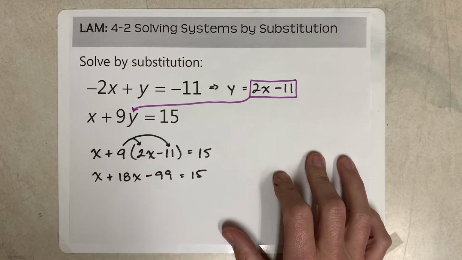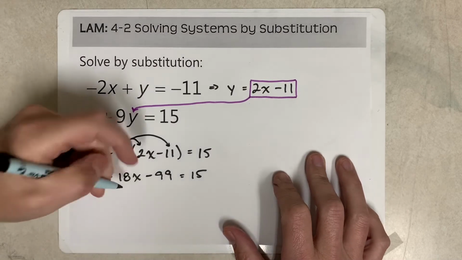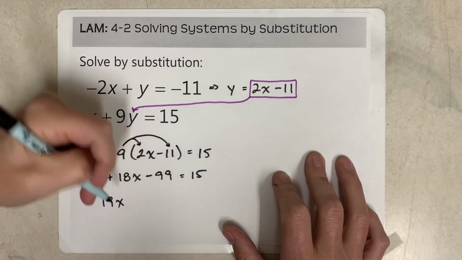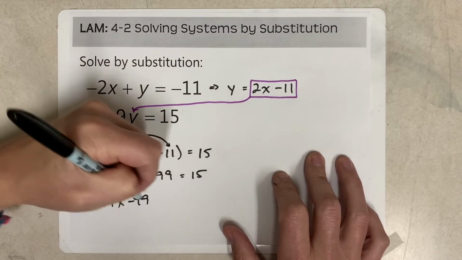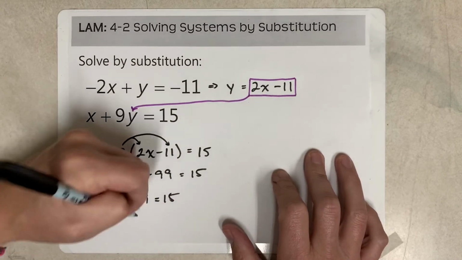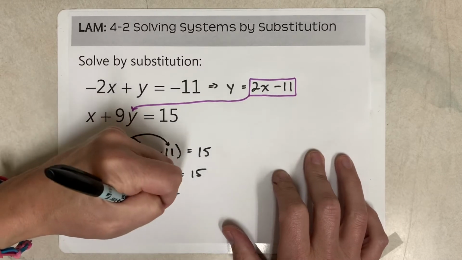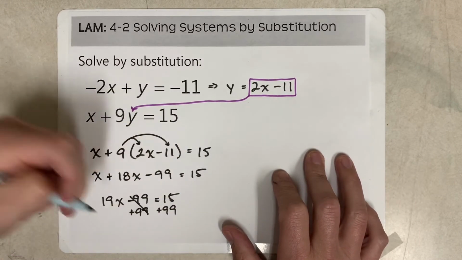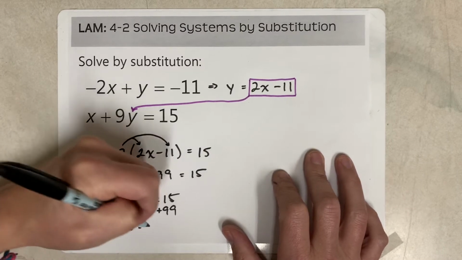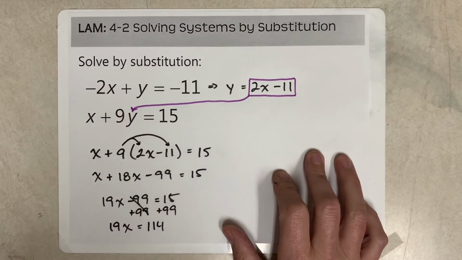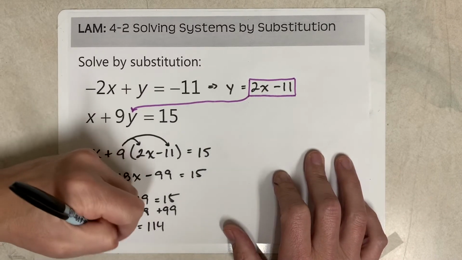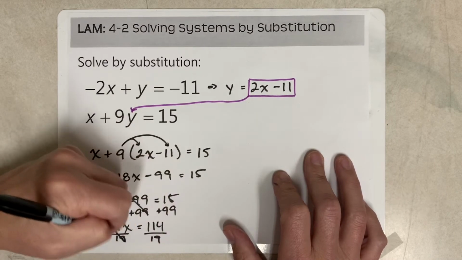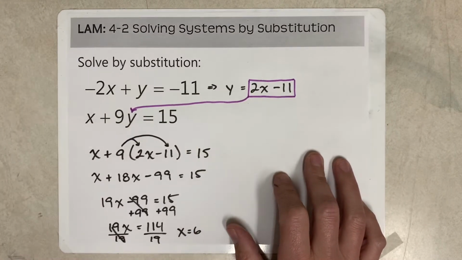So now we're going to get 18 and 1 make 19x, and we're going to say minus 99 is equal to 15. Add 99 to both sides. So 19x is equal to 114. So now take 114, divide by 19, and we get 6. So x is equal to 6.